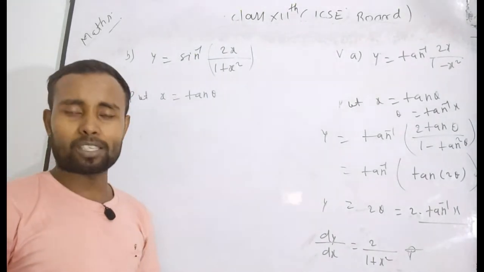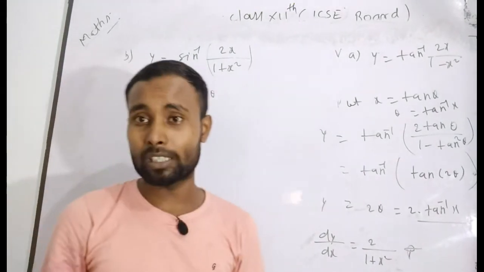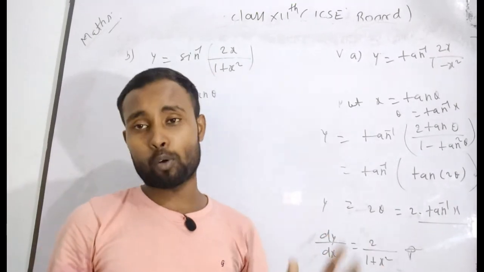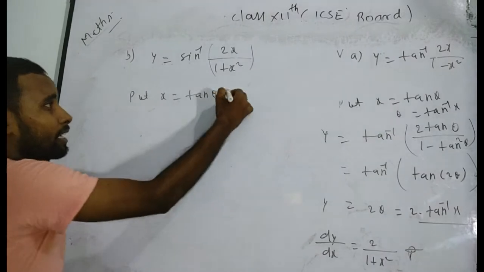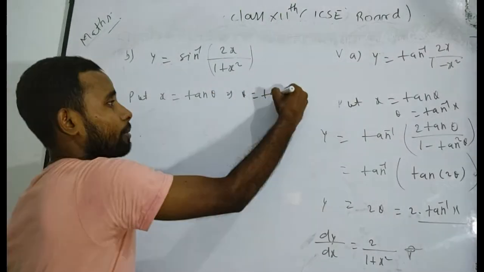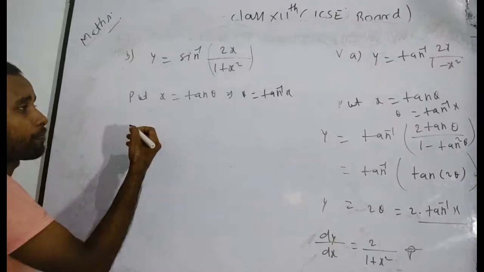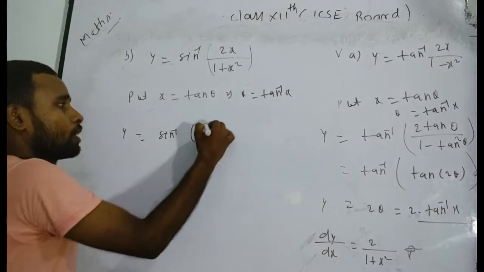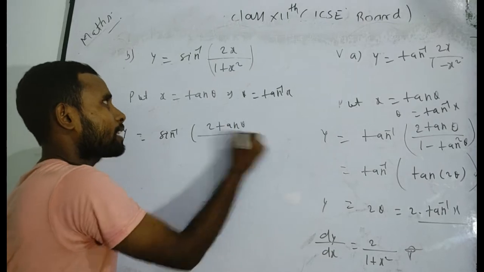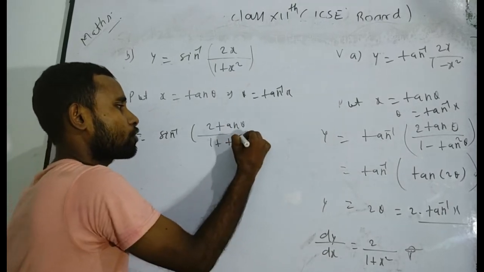There are many formulas: sin 2 theta is equal to 2 sin theta into cos theta, and there is also a third formula, 2 tan theta divided by 1 plus tan square theta. So firstly write theta as tan inverse x, because I will use it again. So y will be sin inverse of 2 tan theta divided by 1 plus tan square theta.